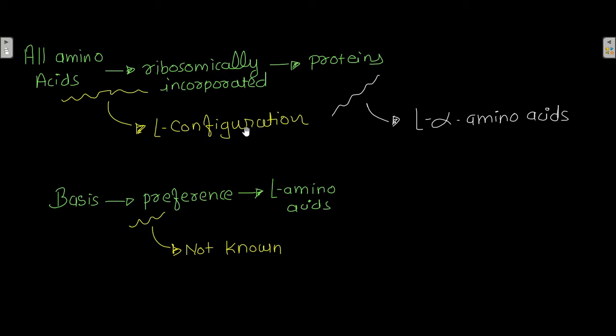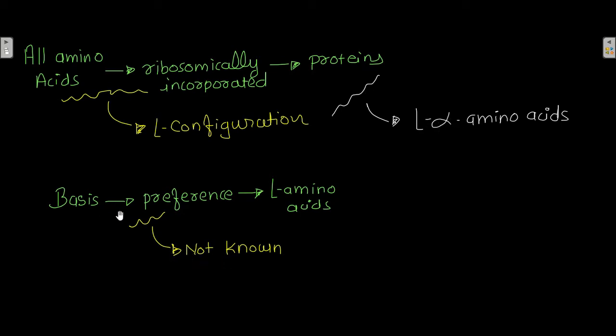That is the reason why it is said that proteins contain L-alpha amino acids. With the help of the ribosome, these amino acids are joined to form protein, and they all have L configuration.